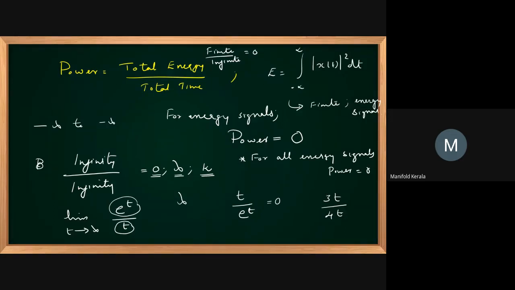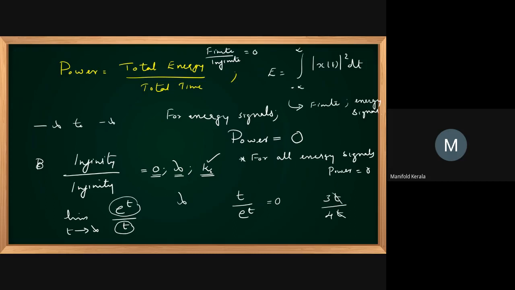Here, if I consider 3t by 4t, numerator is going to infinity as a first order polynomial, and denominator is also going to infinity as a first order polynomial, which means both are going to infinity at the same rate. Now the answer can be a constant value, correct?